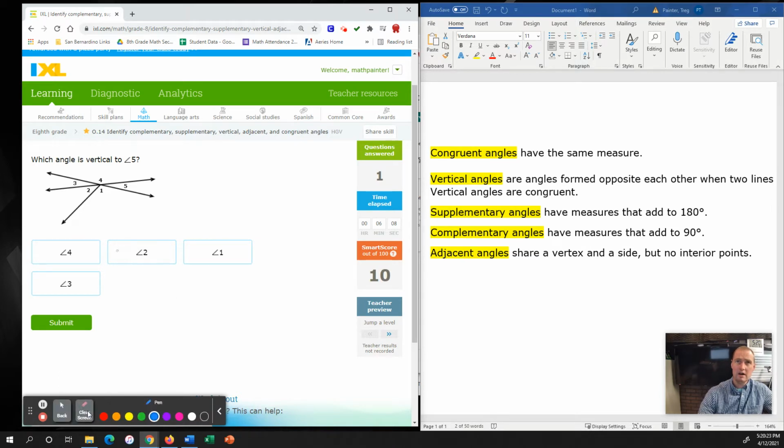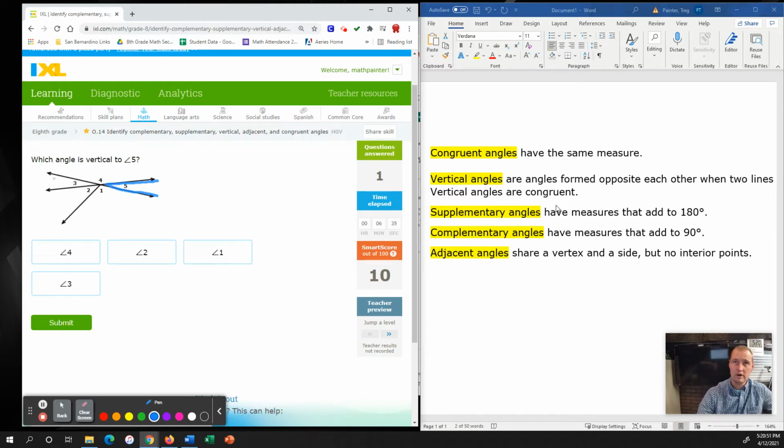Which angle is vertical to 5? So the angle vertical to 5 is going to be this angle in here. Now, according to our definition on the right side, vertical angles are formed opposite of each other when two lines intersect. Vertical angles are congruent. So what that means here is what is directly across it.